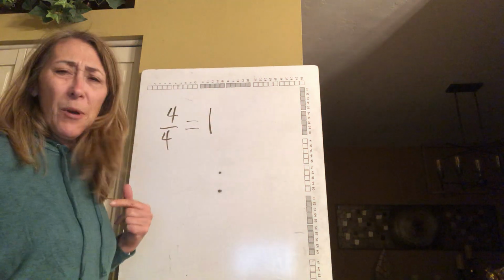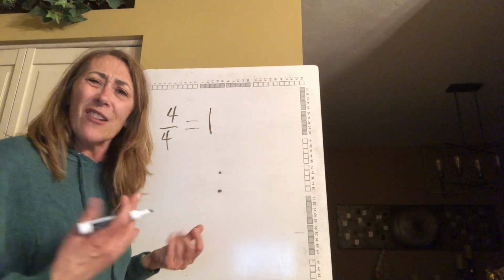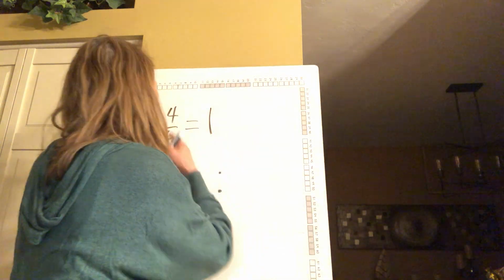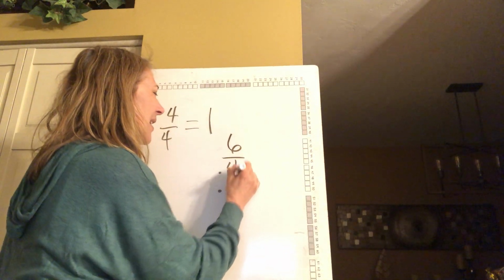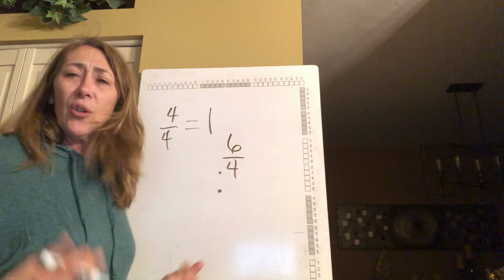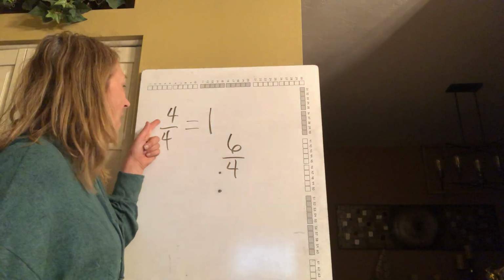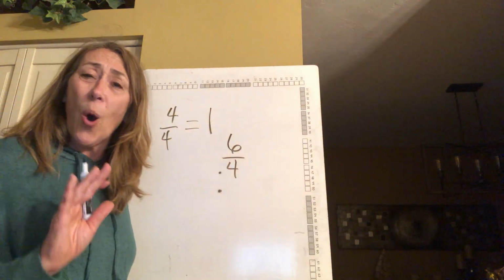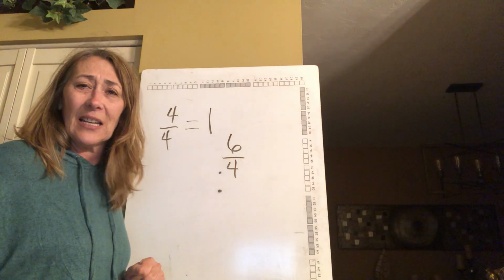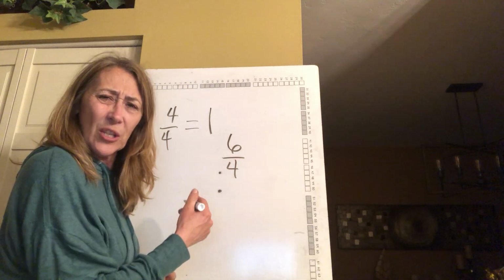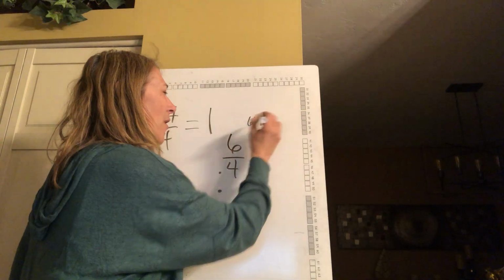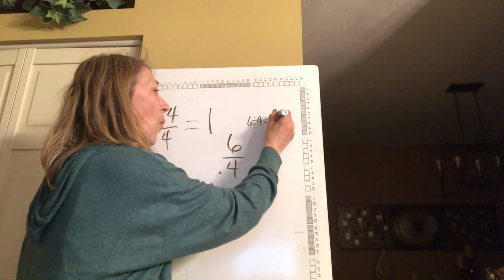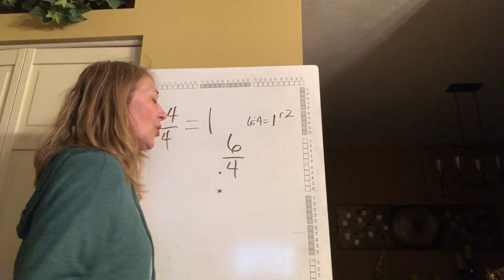So we've talked about fractions, and then a fraction greater than a whole, which would be, I'm going to take that 4/4 and I'm going to do 6/4. Fraction greater than a whole, because I know 4 of them make a whole, and I have 6. So the easiest way to do that is 6 divided by 4 equals 1 remainder 2.